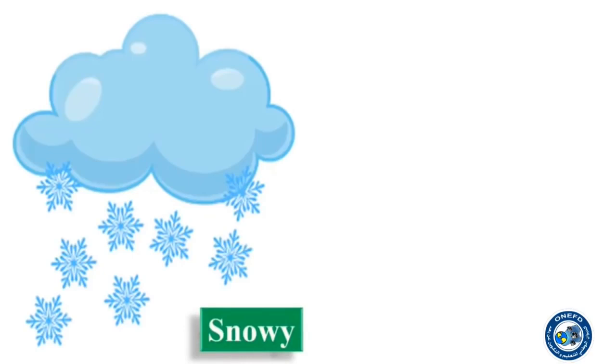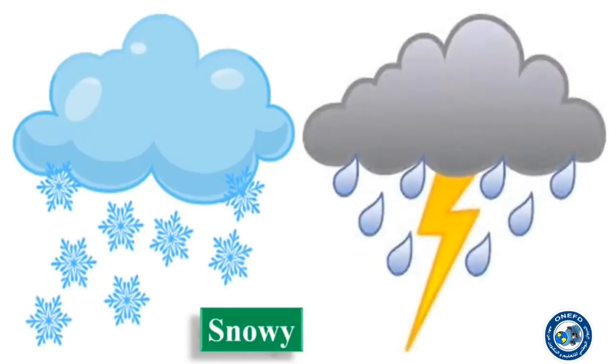When it is snowing, the land becomes white. So the weather is snowy. And in the last picture, the weather is stormy. It is raining with thunder and lightning. So these are the weather conditions.